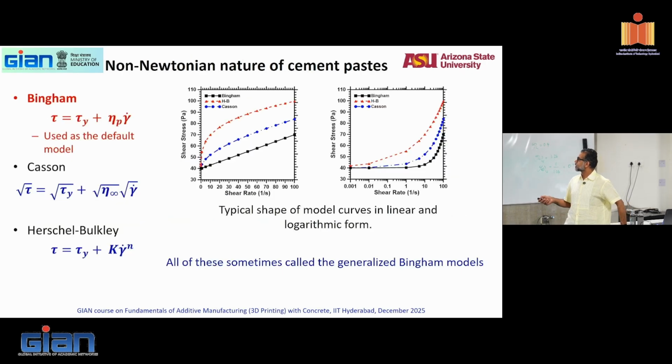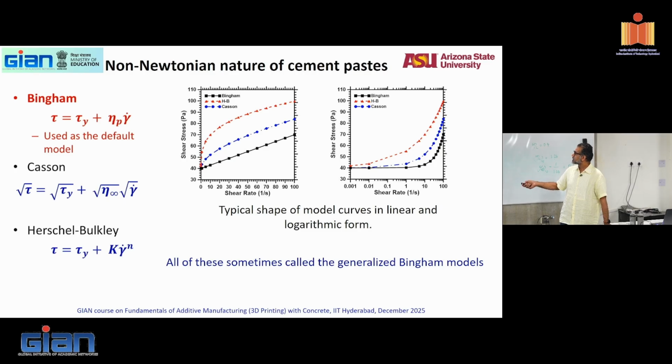So here is non-Newtonian nature. So here is the Bingham model, Casson model, Herschel-Bulkley, different kinds of models you can see here. This is shear rate as a function of shear stress. But if I put this thing in a logarithmic form, see how the shape of the curve is changing, right? Can I now draw a straight line here? No, right?